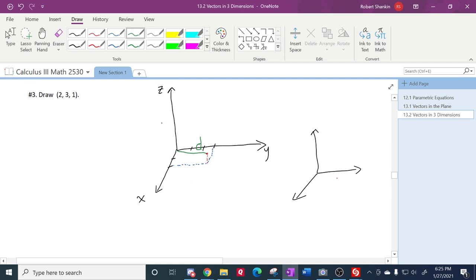And I'm going to first find the distance to here, to this, where the 2 blue dotted lines connect. Where this is 2, this is 3, and then this dotted line here.